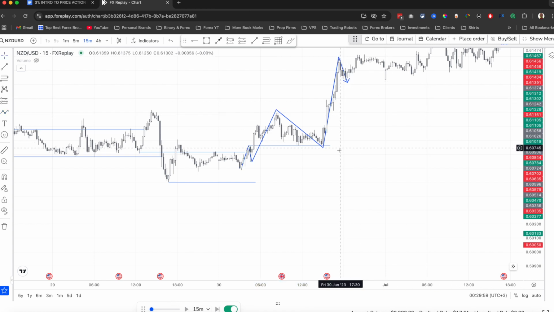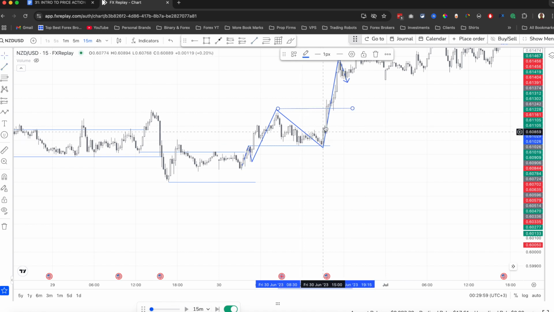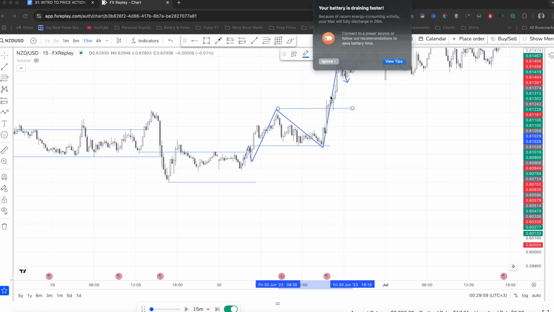As you can see, this was our key level and this is another key level. There was another retest here, so the price went up.